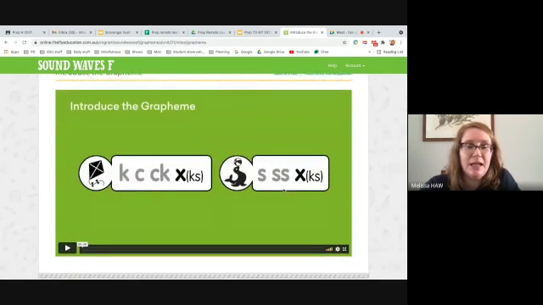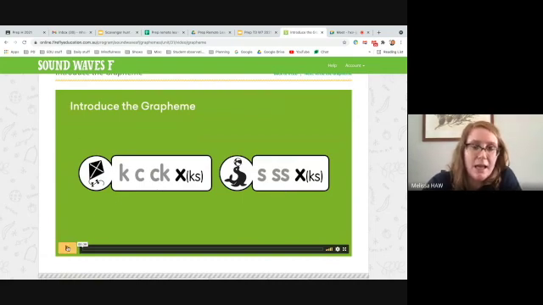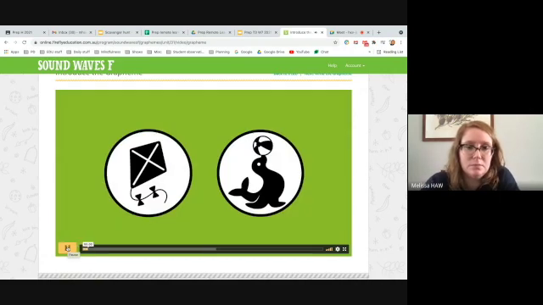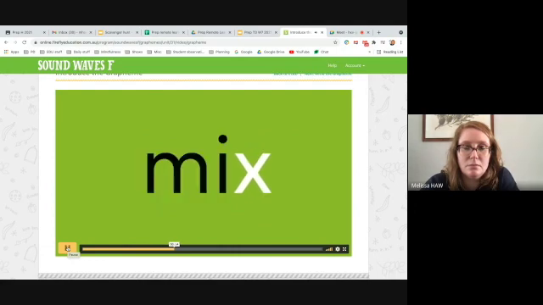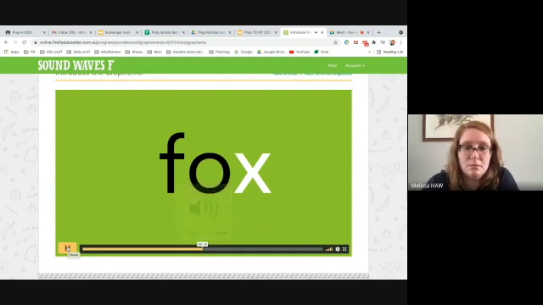Okay. Now we're going to introduce the grapheme, and that is, of course, the letter. Phonemes are the sounds that the letters make, and graphemes are the letters themselves. The sounds k and s can be shown using the letter X. The letter X shows x in mix, fox and box.